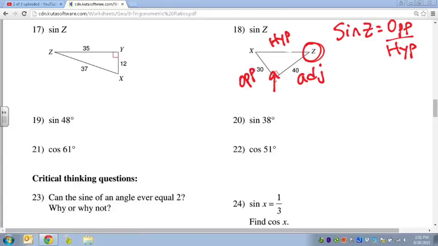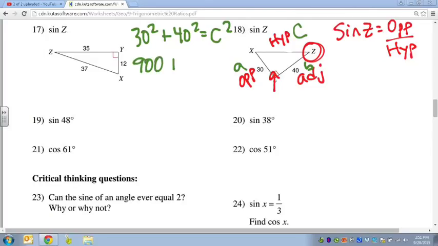The hypotenuse, as we know, is always C, and the two legs could be A and B. It doesn't really matter. So let's go ahead and do trigonometry. 30 squared plus 40 squared equals C squared, which is what we're going to find. 30 squared is 900. 40 squared is 1600.